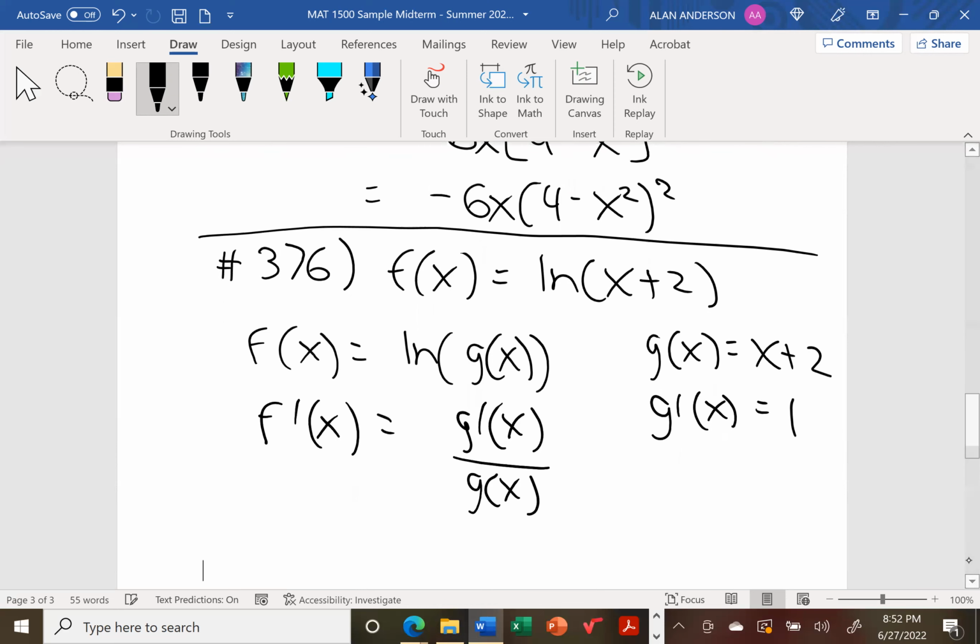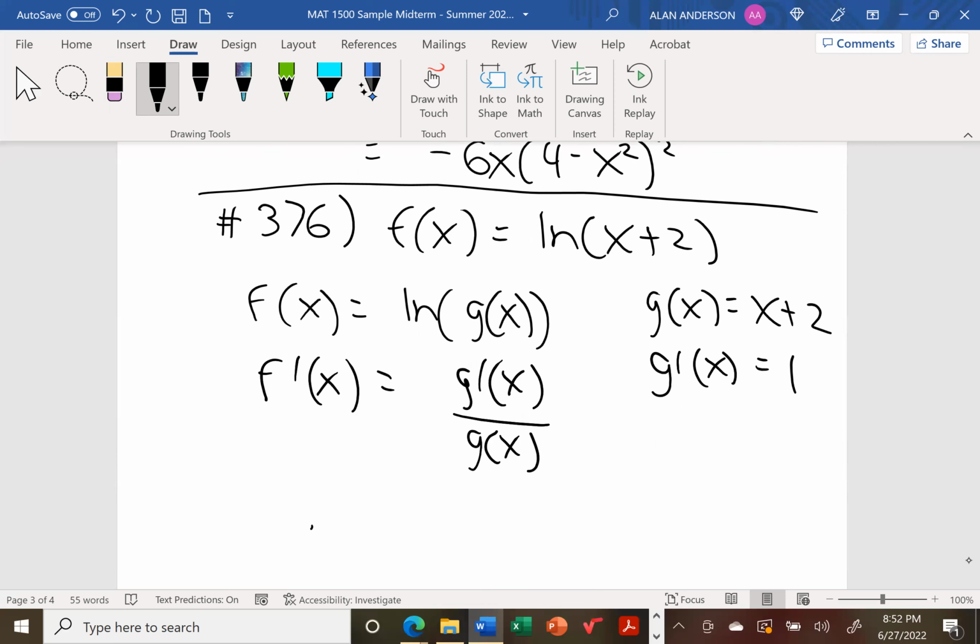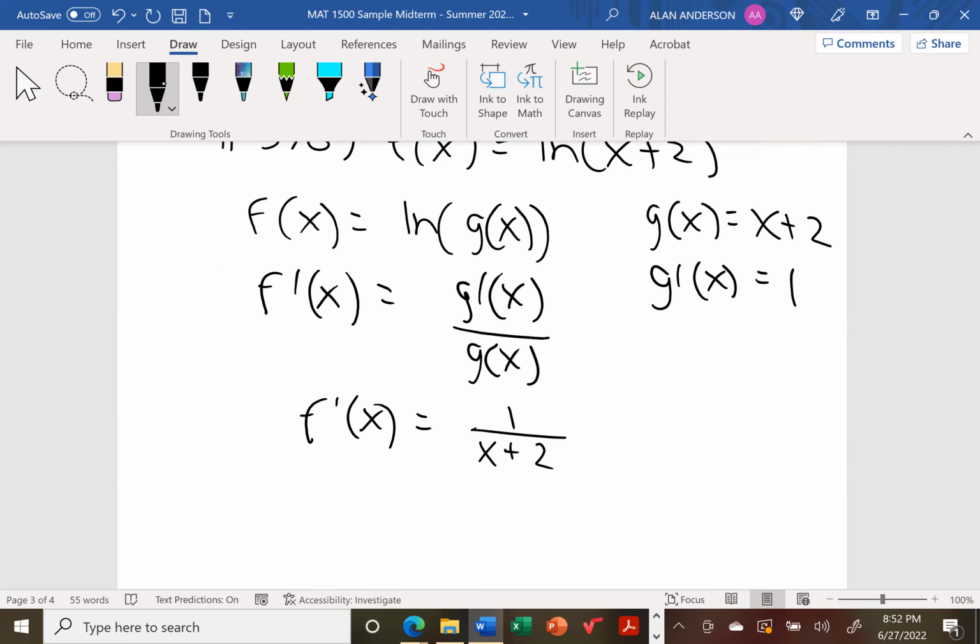Okay, so we just end up very simply with 1 over log x plus 2. Oops, no, sorry, not 1 over log x plus 2, it's 1 over x plus 2. You don't use the log. Okay, in other words, g of x is what's in parentheses, 1 over x plus 2. All right, so that's done.